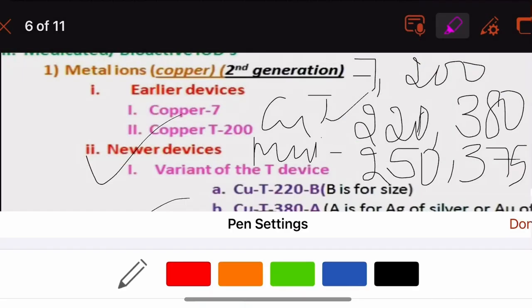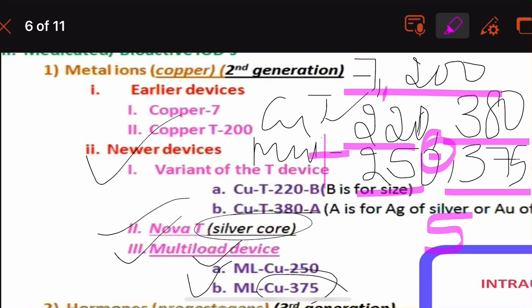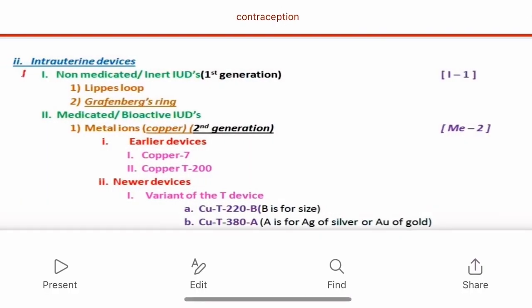Clear, guys? Remember these values: 7 and 200, 220 and 380, 250 and 375. Here plus, here minus 5 and here plus 30. So we are done with this.